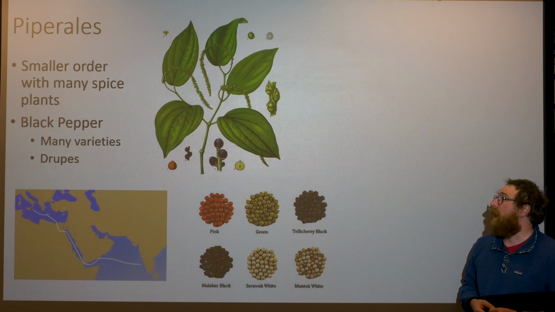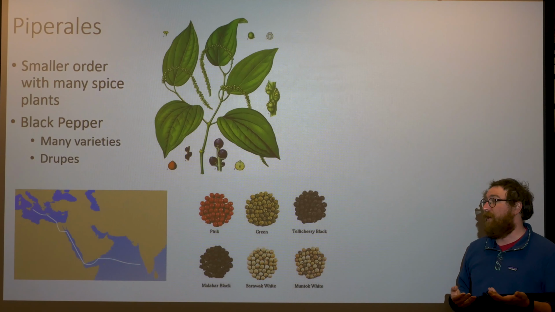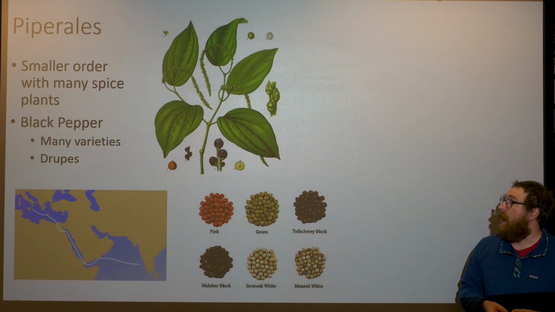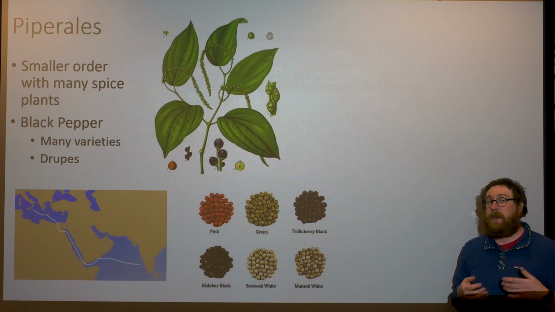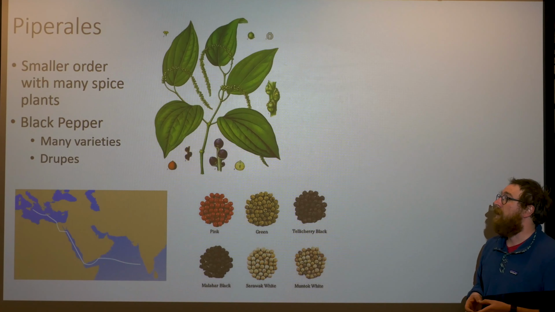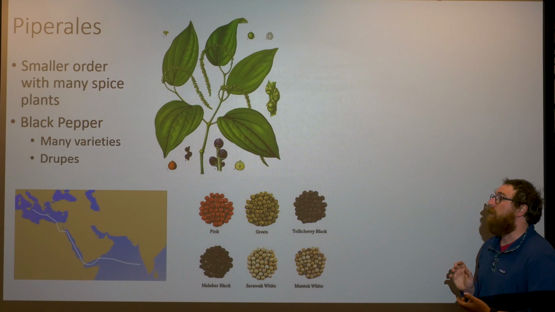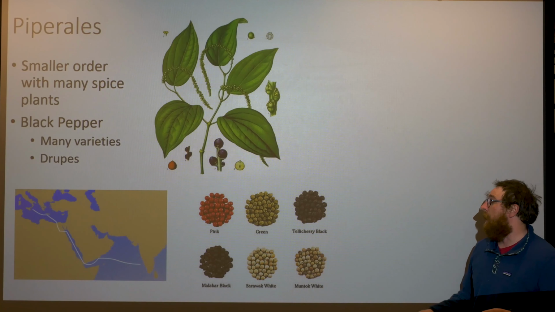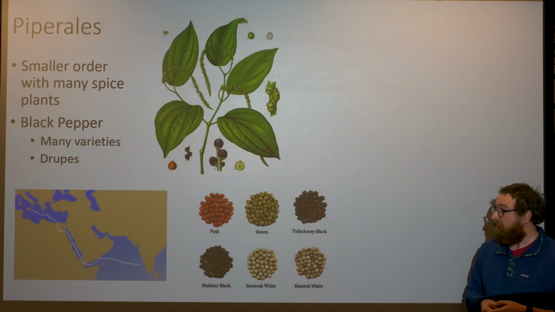The Piperales has historically, for human cultures, been one of the more interesting groups in the magnoliids. Really, they're a smaller order, and they don't have a lot of species in it, but again, we see the species that are in it really have a lot of interest for human consumption, especially black pepper.